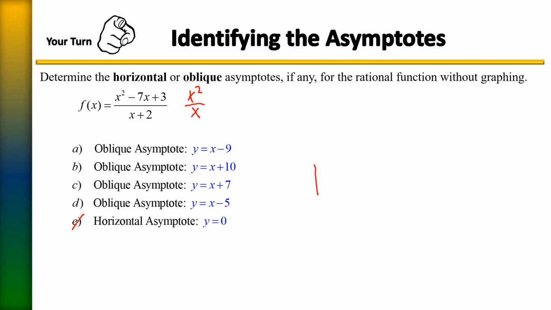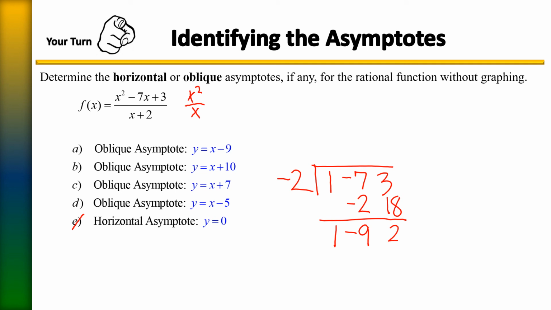So we're going to have a -2 on the outside, and our coefficients underneath our division symbol are going to be 1, -7, and 3. Let's begin that division process by bringing down the 1, multiply that with -2 to get -2. Bring down -9, multiply that with -2 to get 18.